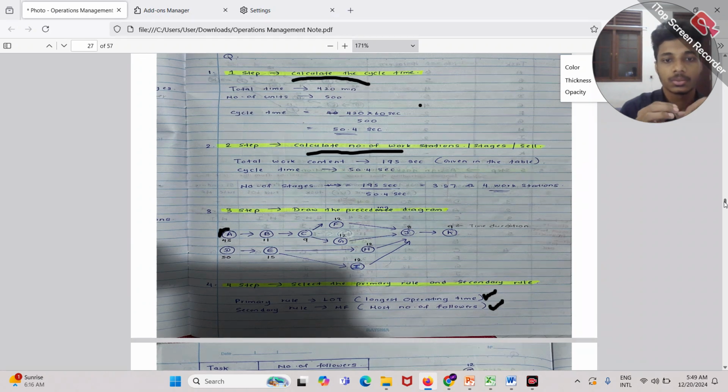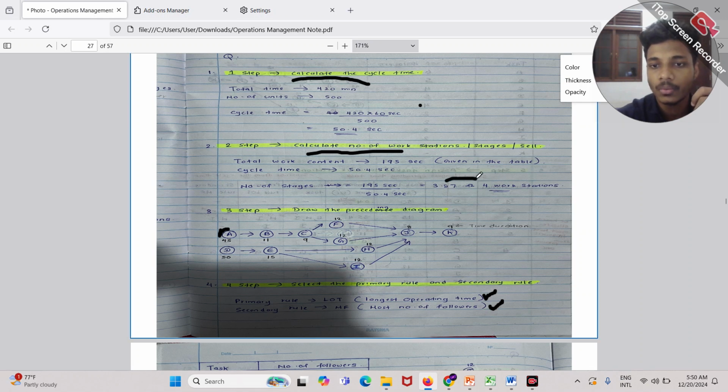So how to find the theoretical workstations? Total work content divided by cycle time. Then you always round up this number. 3.8, you have to round up into 4.